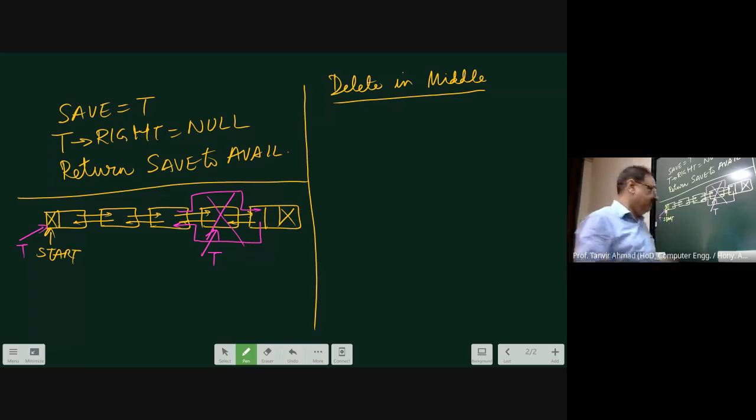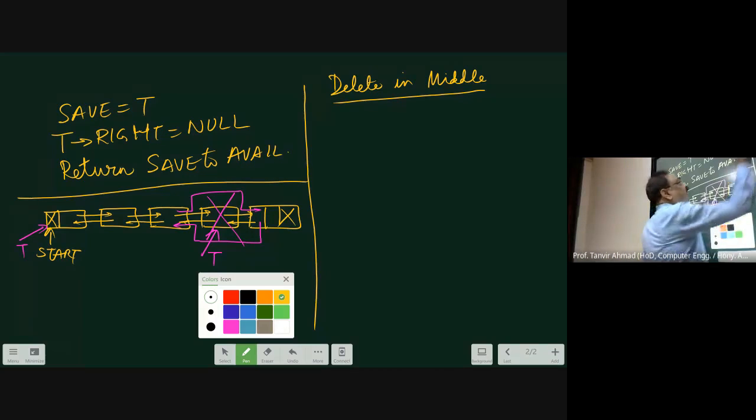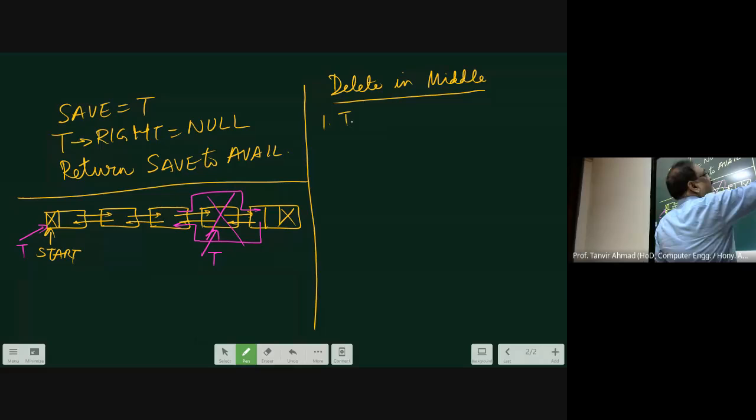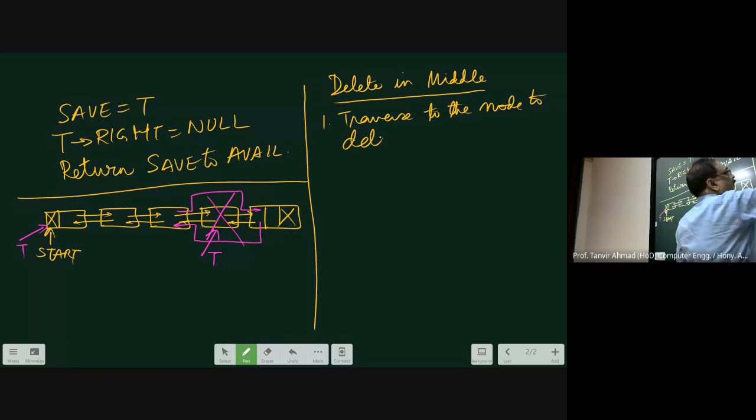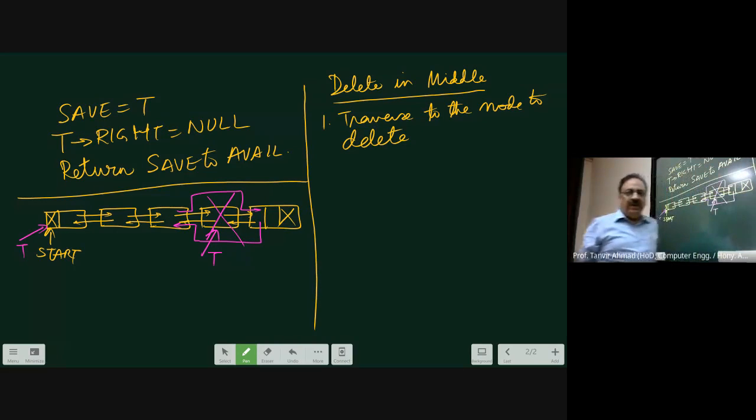Now you have already traversed to the node to delete. That means you have reached T to the place you want to delete. Now, with T at that position, let me try to delete that node.